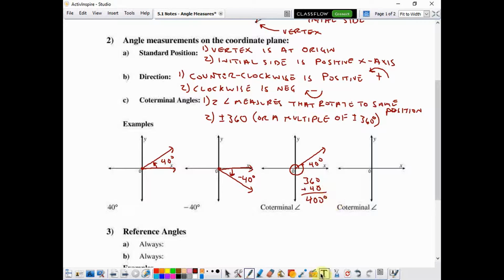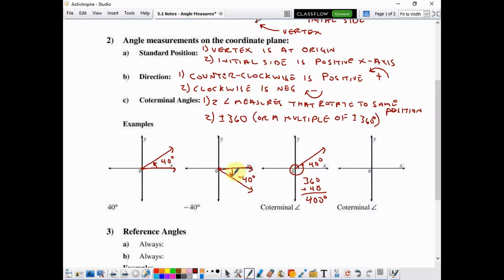So that's actually a 400-degree angle. So 40 degrees and 400 degrees are coterminal because they end at the same place. They're 360 degrees apart. It could be 360 times 2 apart.